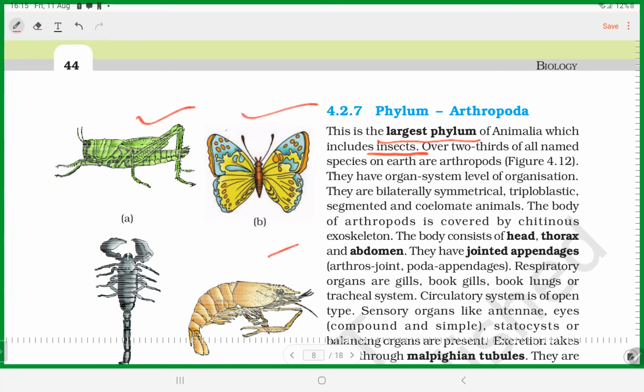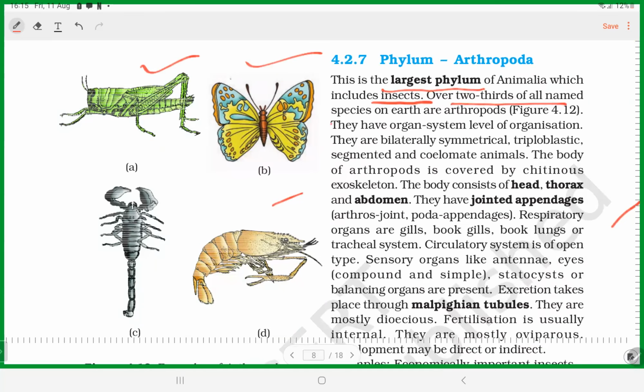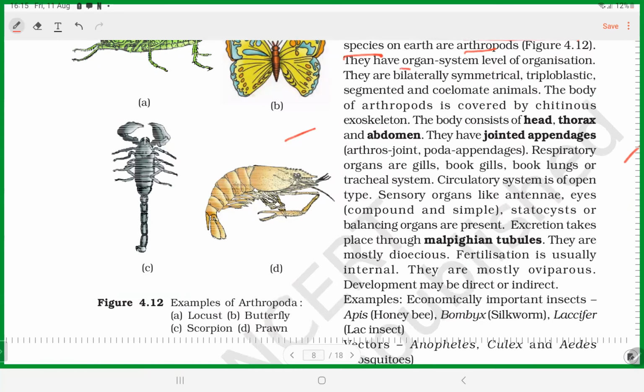And then the third important thing: over one third of all named species on earth are arthropods. Next, they show organ system level of organization, and hereafter all of the organisms show organ system level of organization.